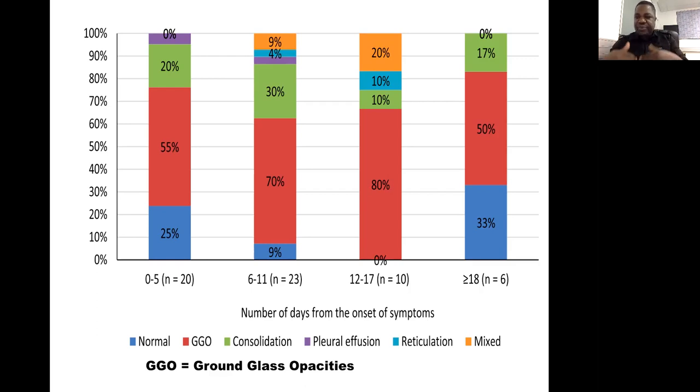Then in the fourth week, 33% of patients who recovered had a normal chest X-ray, then 50% still had ground glass opacities, and the rest consolidation.